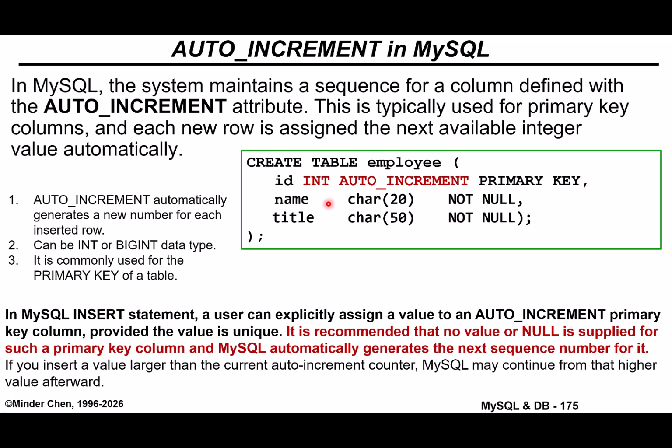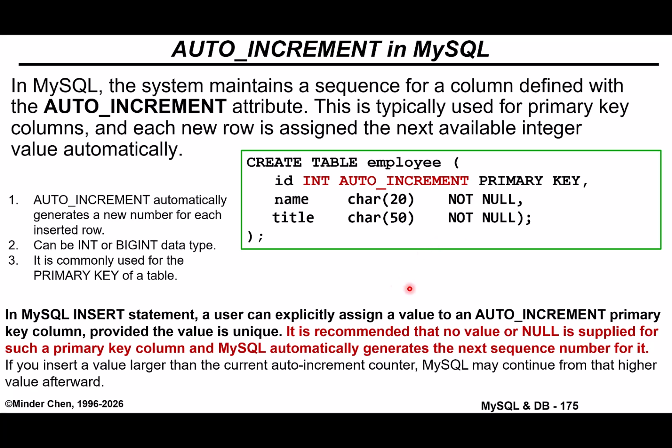It is possible when you insert a row to this particular employee table, you can assign an employee ID, an integer, but it is not recommended. You should let the auto increment automatically assign an integer sequential number to this new employee.